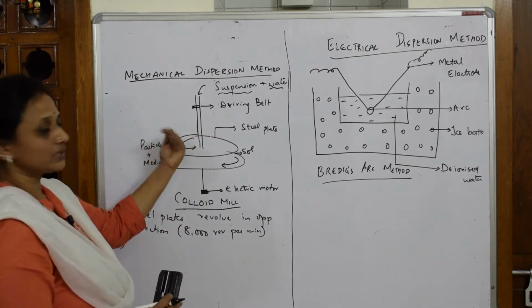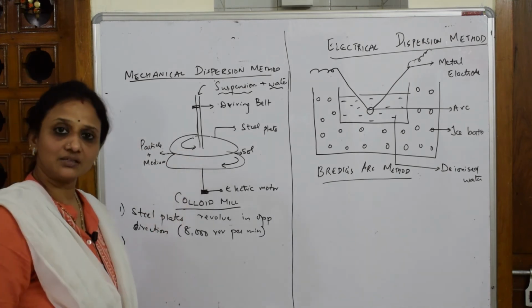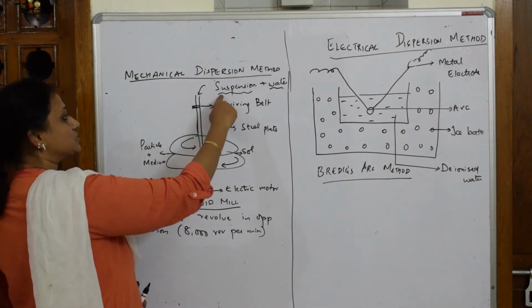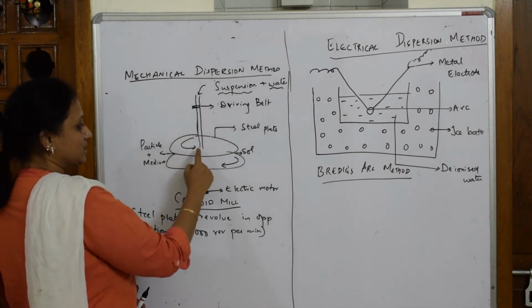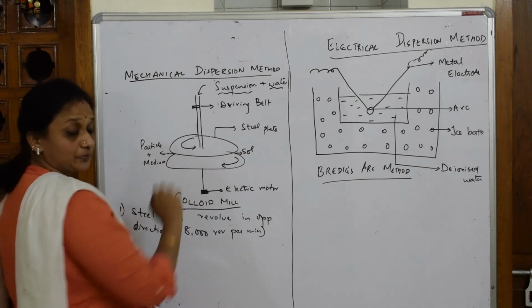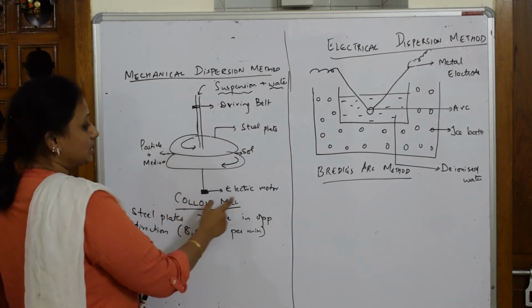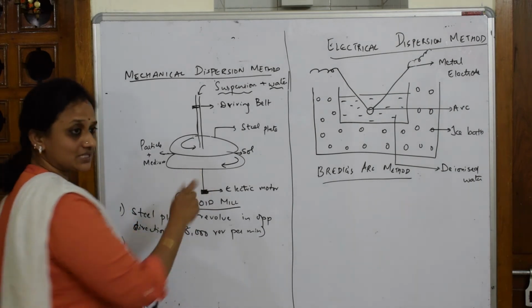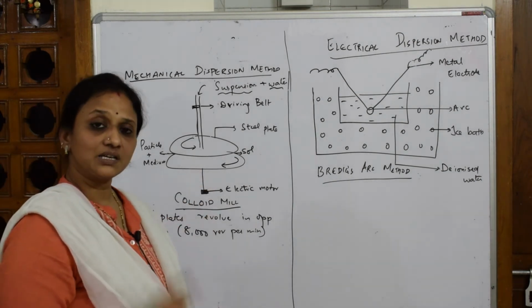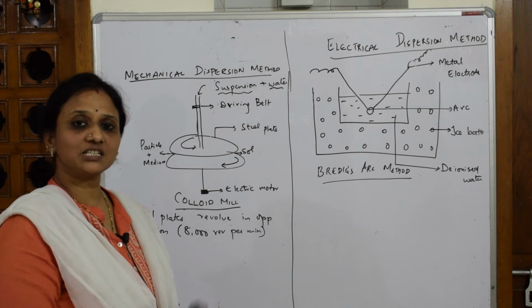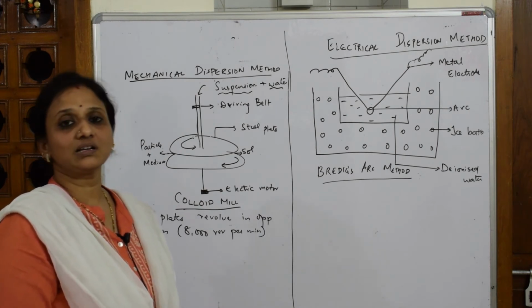I said this is moving in this direction, the other is moving the other direction. So all the suspensions, whatever are there, now starts getting grinded in between these two. When they get grinded, you have an electric motor also which is moving or rotating those steel plates. The suspension particles, they get broken down into your colloidal size particles.